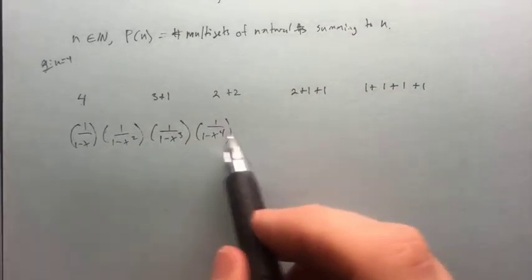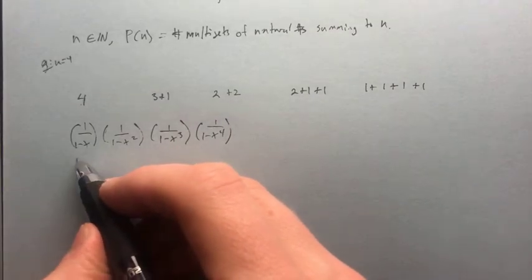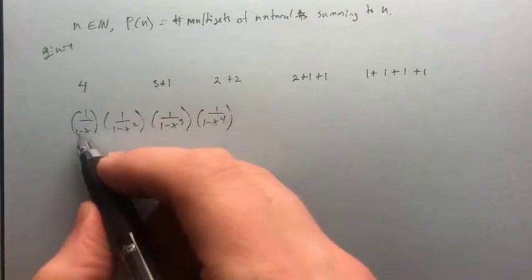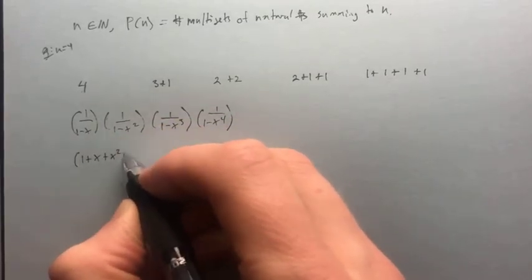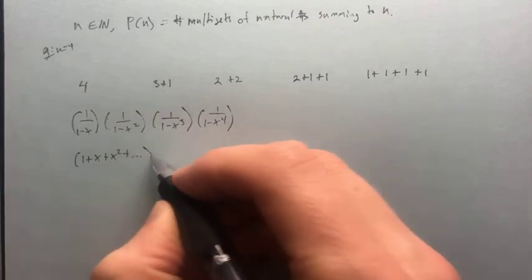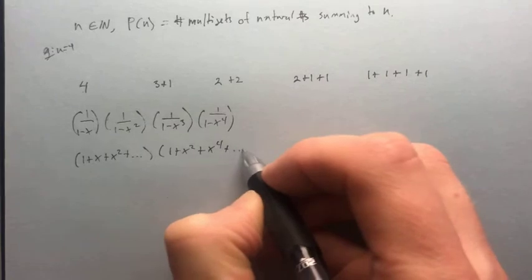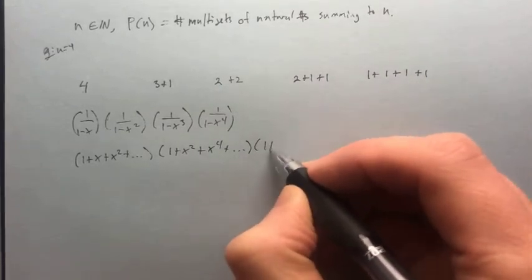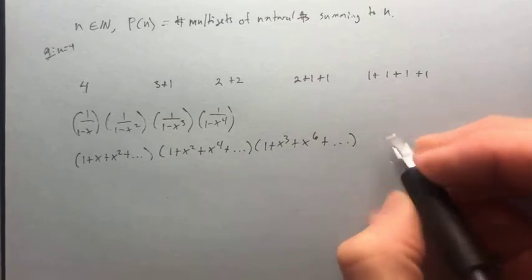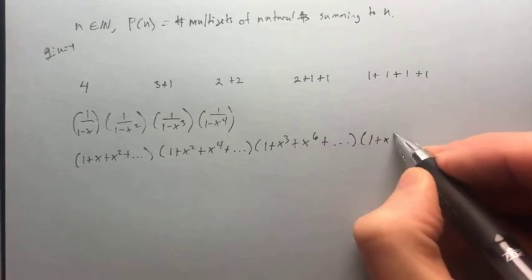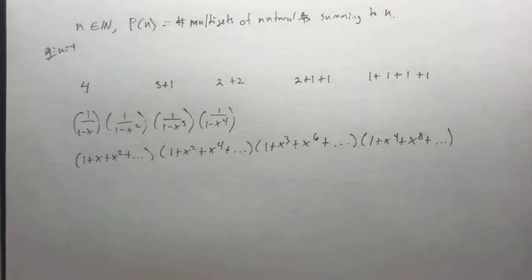And let's just consider this and write this out. If we were to write out what these generating functions look like, I'd have 1 plus x plus x squared plus dot dot dot. 1 plus x squared plus x to the 4th plus dot dot dot. 1 plus x cubed plus x to the 6th plus dot dot dot. 1 plus x to the 4th plus x to the 8th plus dot dot dot.